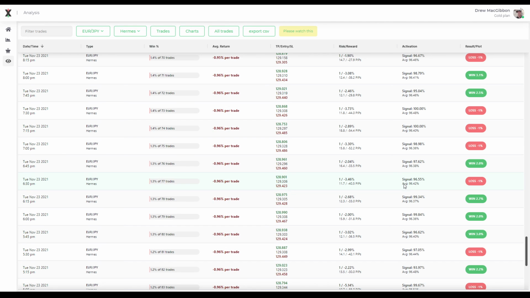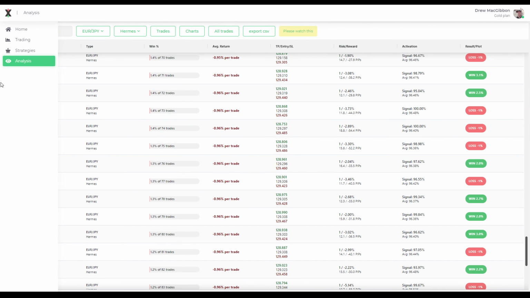You only need something with maybe mid-30s in accuracy to be very profitable, with like a 1 to 3 risk reward. 1 to 2.5 even, and you're doing very well. And we don't need to beat the market by much, we just need to beat the market by a little bit, and do it consistently to make a good return every single month.